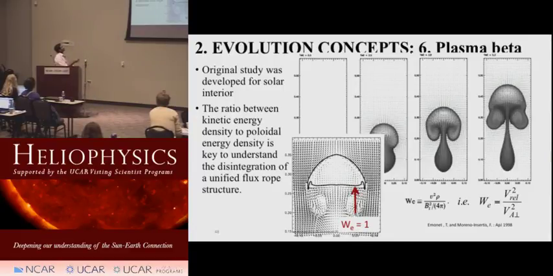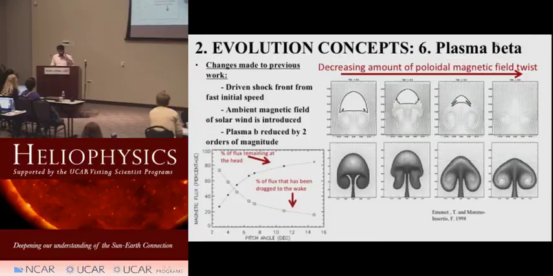And it's basically coming down to the ratio of the kinetic energy density, i.e. the amount that the CME is moving, and the poloidal energy density, which is the amount of twist on the outer edges. And depending on where that ratio hits 1 is where your CME will start to disintegrate.